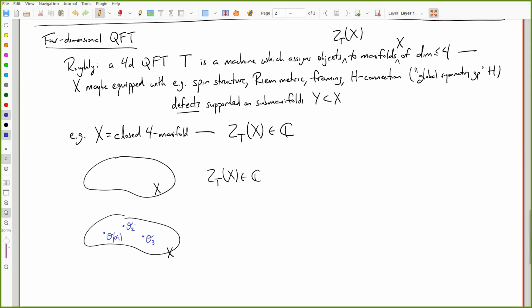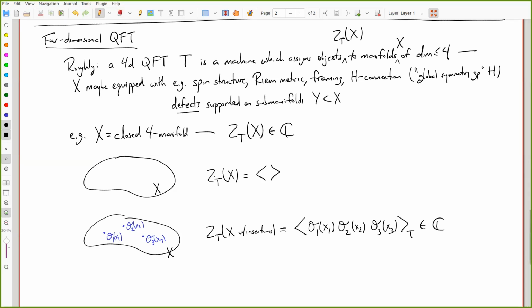So maybe I'll write it like this: O1 of X1, O2 of X2, O3 of X3. In this case, what the machine assigns to X with these insertions is again a number. But now there's also another notation for it, which is you write angle brackets around O1 of X1, O2 of X2, O3 of X3, and maybe I'll write T here to emphasize that we're computing a correlation function in the theory T. That's again a number. Up here, I could have also written this as the angle brackets with nothing inside because there were no insertions.